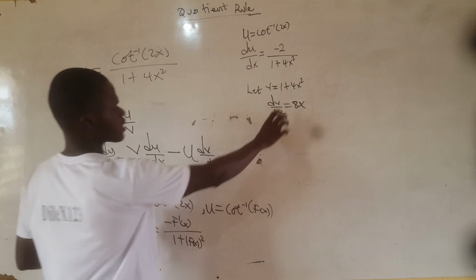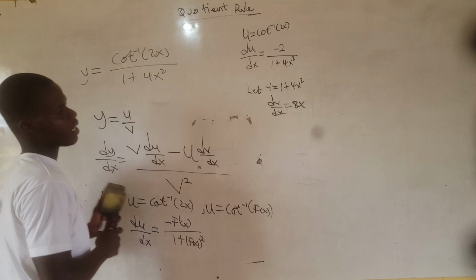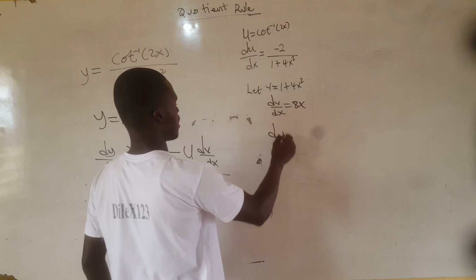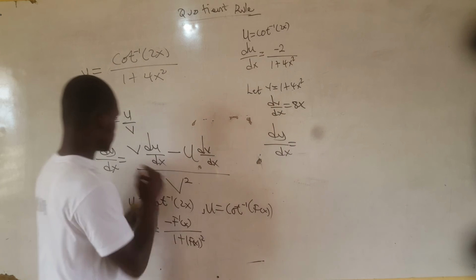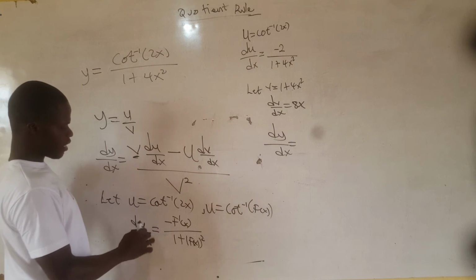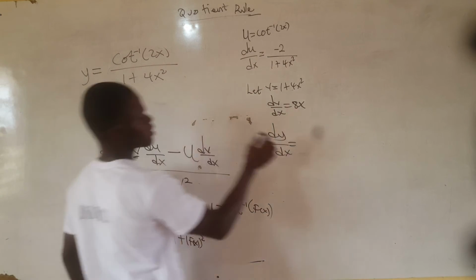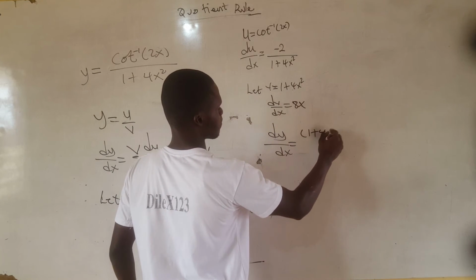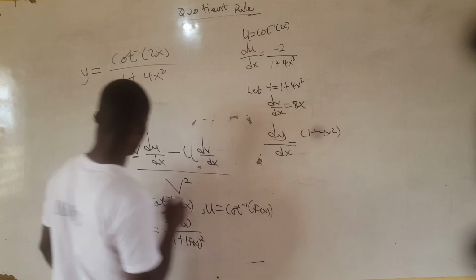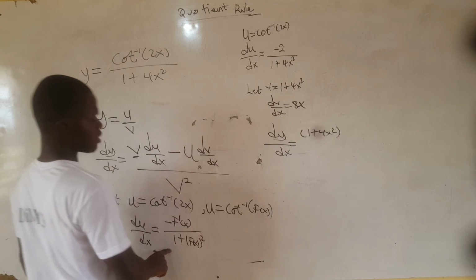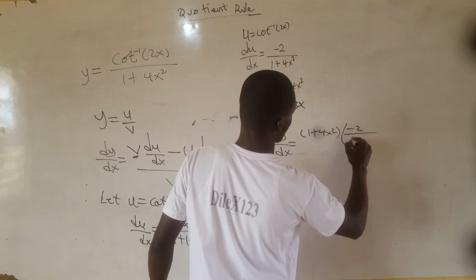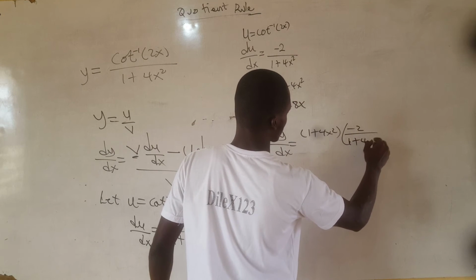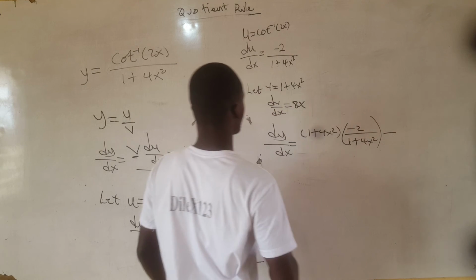Now we'll just come and fix dv dx and du dx in the formula we have here. So dy dx will be equal to v, and the v we have here is the denominator, then du dx. So du dx is this: negative 2 over 1 plus 4x squared, minus u.